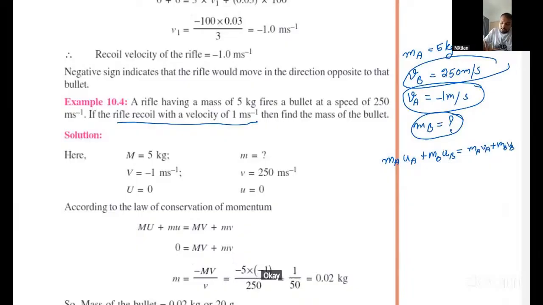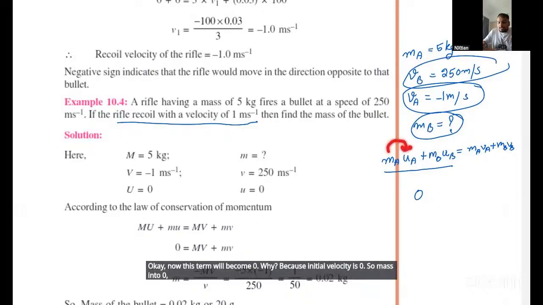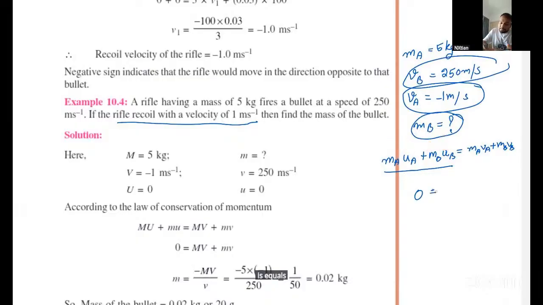Now this term will become 0, because the initial velocity is 0. Mass into 0 is 0, mass into 0 is 0, 0 plus 0 is 0. So this whole term will become 0. It is equal to, what is MA? 5 into VA minus 1, plus MB, which I don't know, into VB 250.